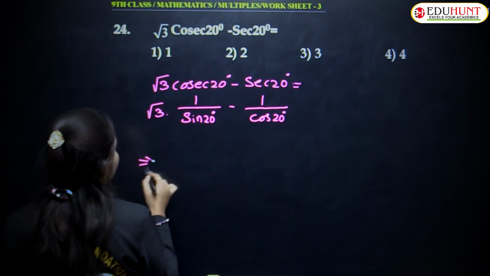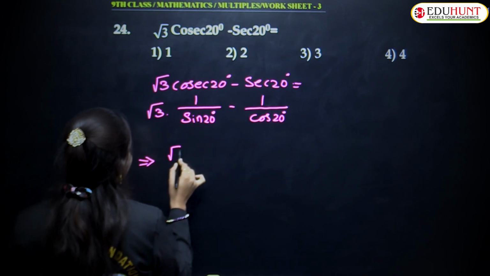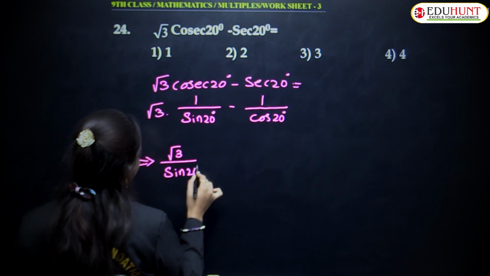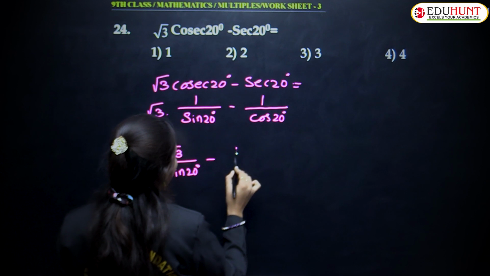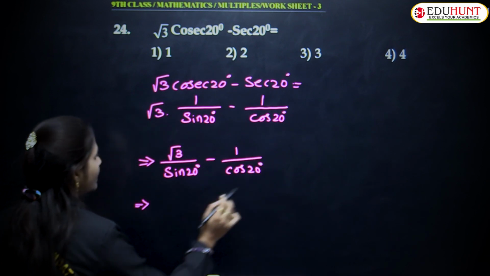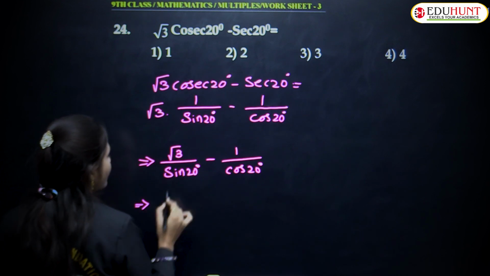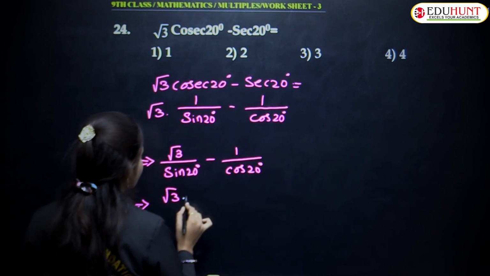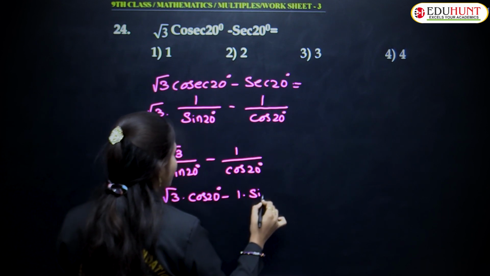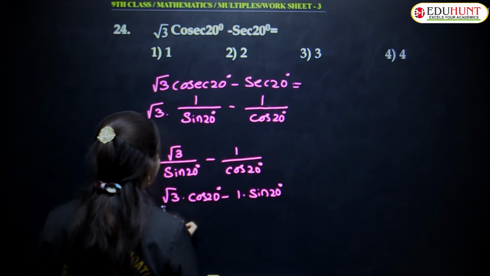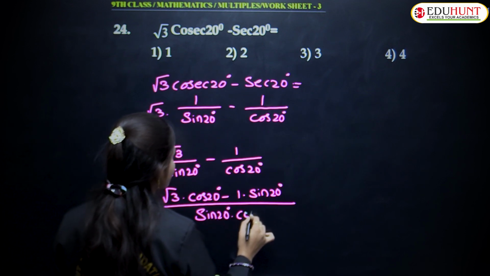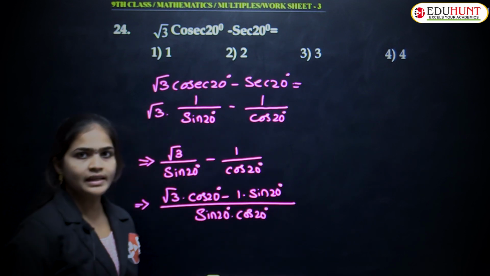So which is equal to root 3 by sine 20 degrees minus 1 by cos 20 degrees. Okay. So from this, just simplify this. Root 3 into cos 20 degrees minus 1 into sine 20 degrees, whole by sine 20 degrees into cos 20 degrees. Am I clear to you?